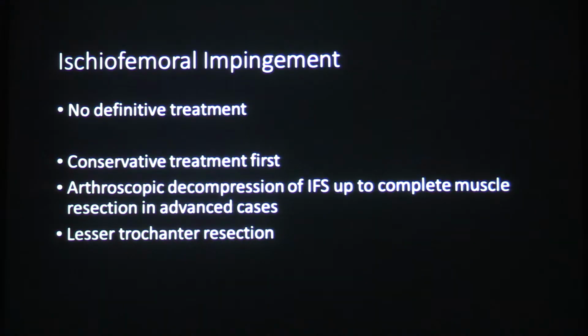Nowadays, we move on after that to arthroscopic decompression with resection of a section of bone to relieve pressure, and up to including muscle resection in very advanced cases. And the last resort is lesser trochanter resection, which is a much more major surgery with more sequelae after it, but it's still something that can be done to relieve the pain.